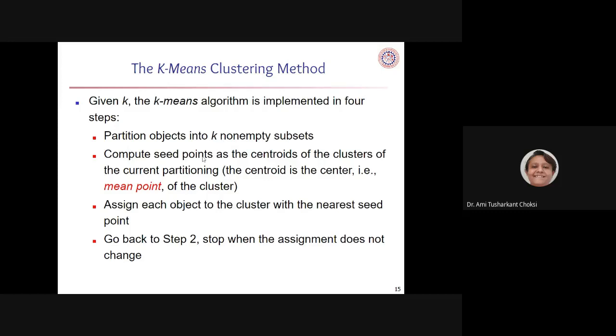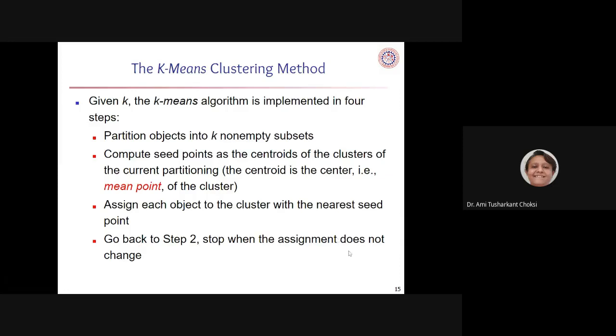Compute the seed points as the centroids of clusters of the current partitioning. Assign each object to the cluster with the nearest seed point and go back to step 2.